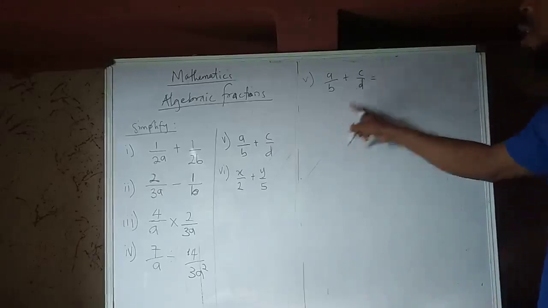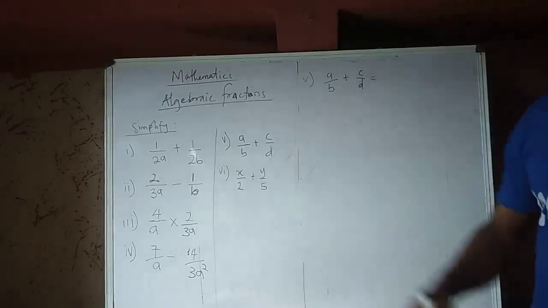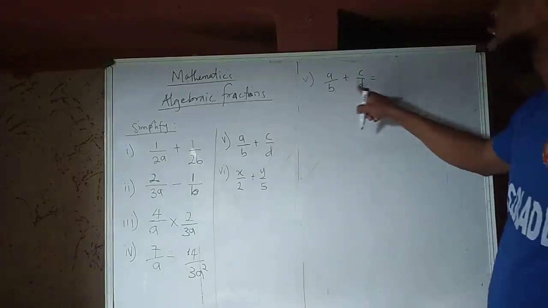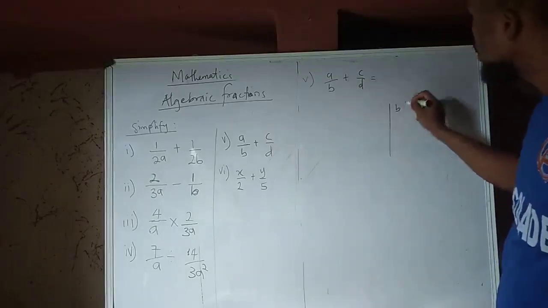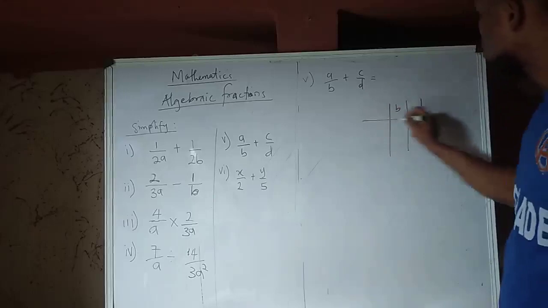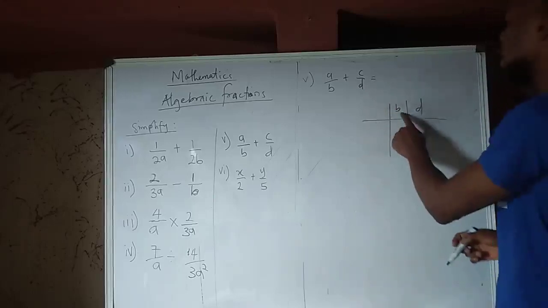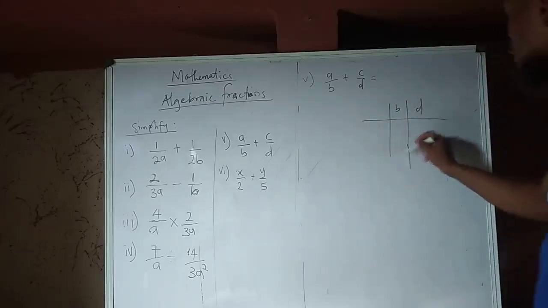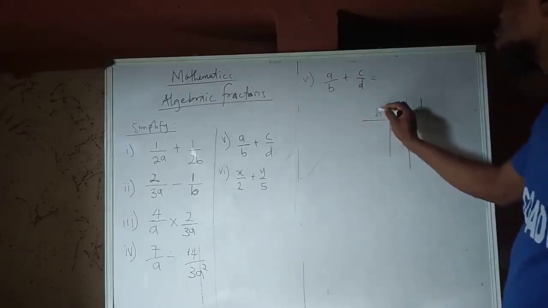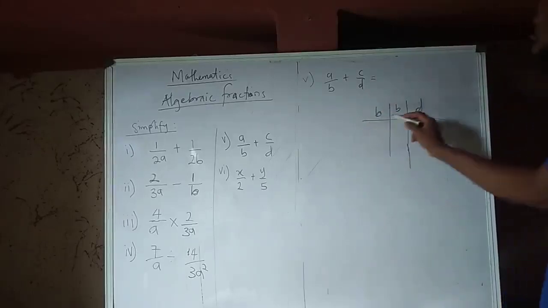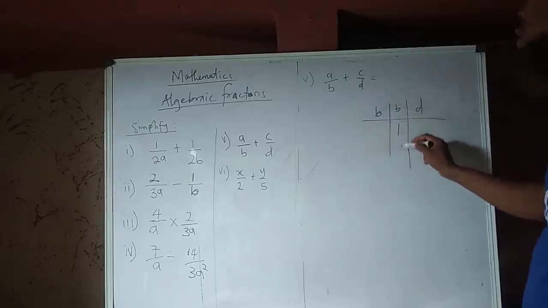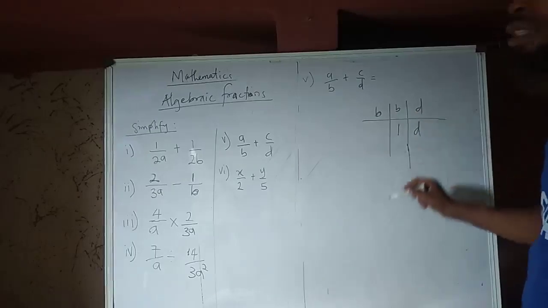A over b plus c over d, we look for the LCM of b and d. LCM of b and d, what would that be equal to? So we look for any factor that can divide b, until we have 1 remaining. So b can divide b, right? B can be divided by b and we'll get 1. D cannot be divided by b, so we have d.